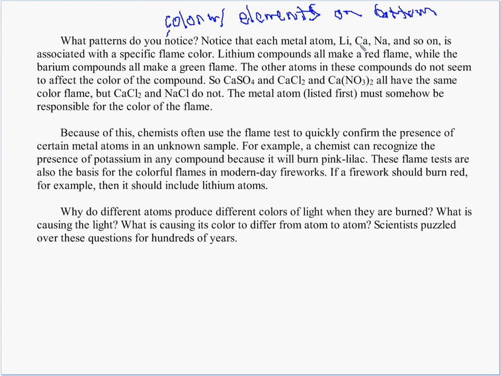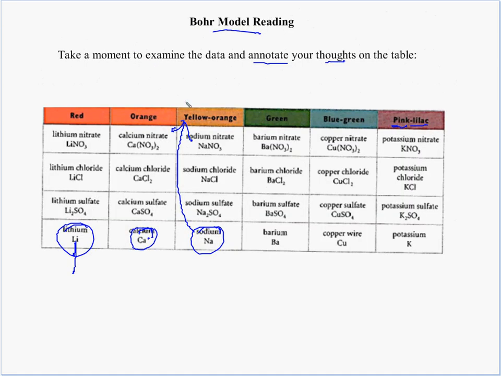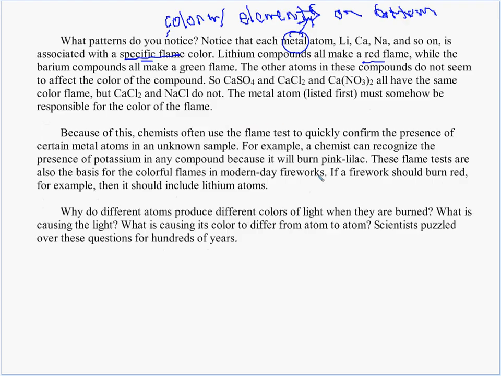Notice that each metal atom is associated with a specific flame color. Okay, so these are metals. So elements on bottom, color was with the metal. Lithium compounds all make a red flame. Yeah. Well, the barium compounds all make a green flame. Do they? Oh, yeah. The other atoms in these compounds do not seem to affect the color of the compound.